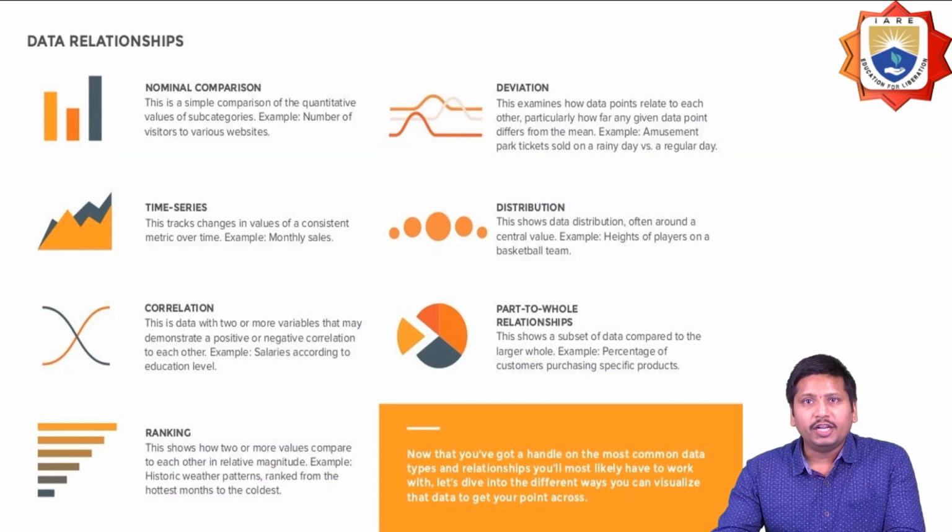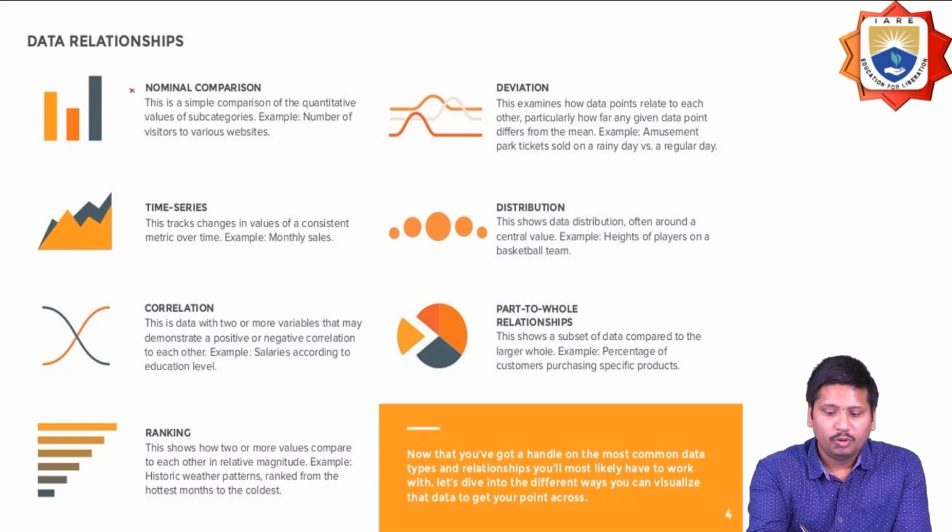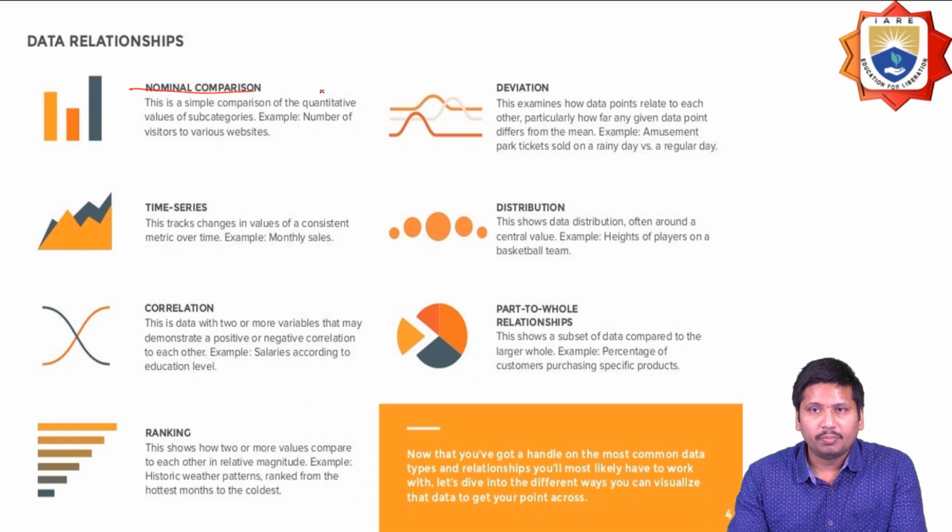Now, what kind of relationships can we establish between the data? The first is nominal comparison, which is a simple comparison of quantitative values of subcategories, like the number of visitors to various websites.